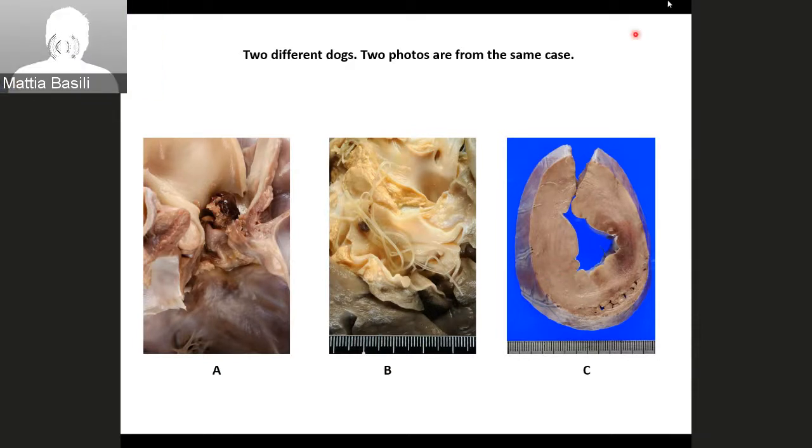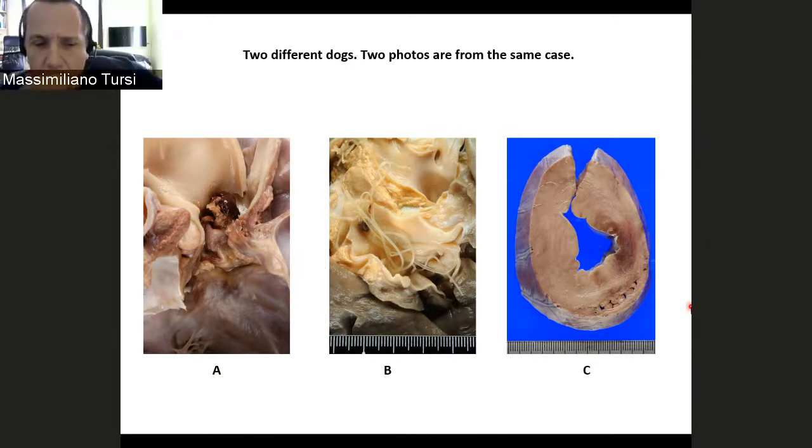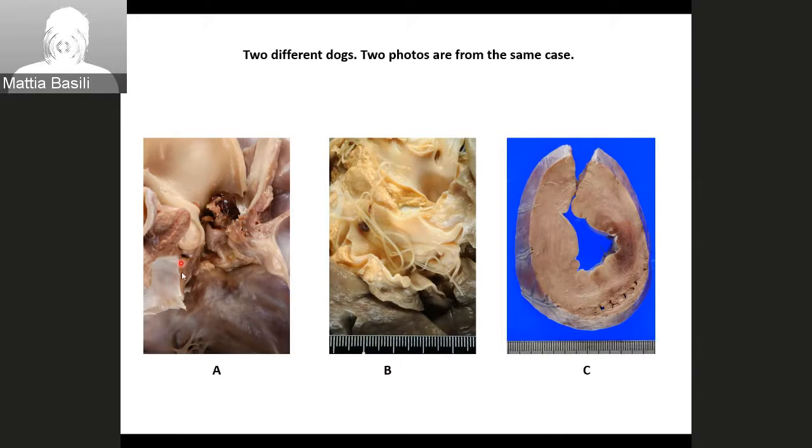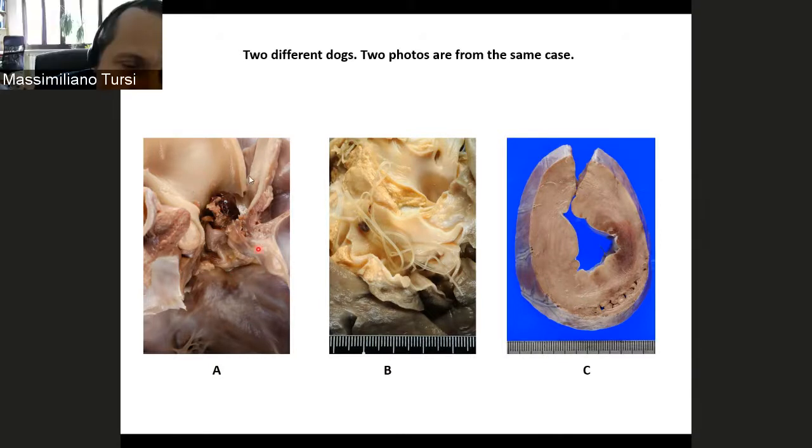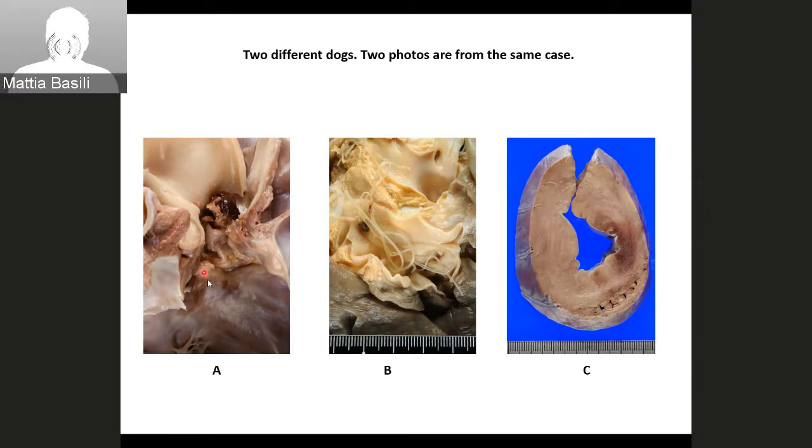Look in the other picture. Of course, you know this kind of diagnosis now. I would say it's compatible with an endocarditis of the aortic valve. Perfect.